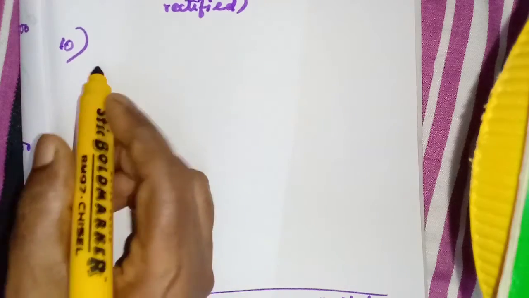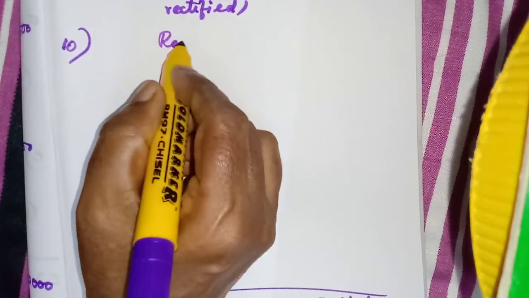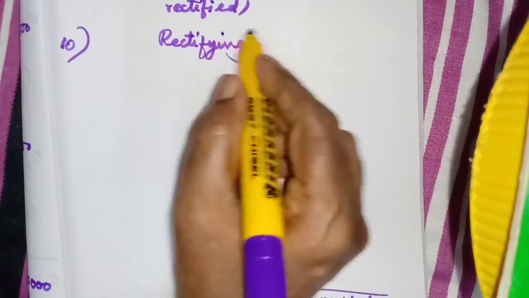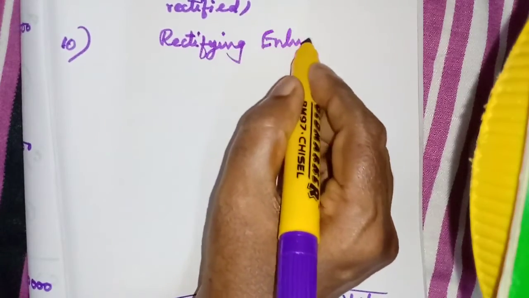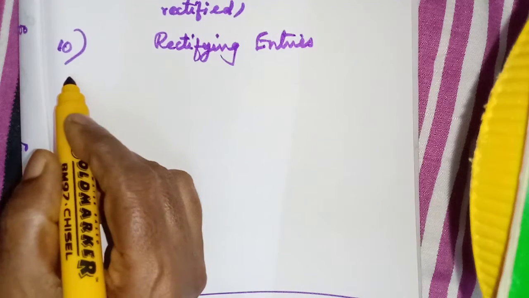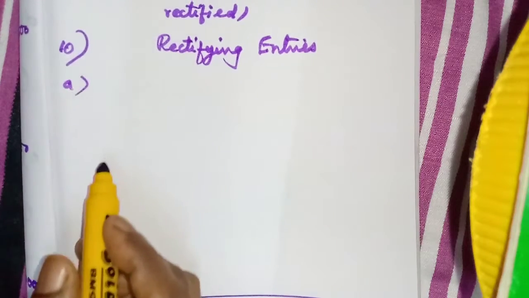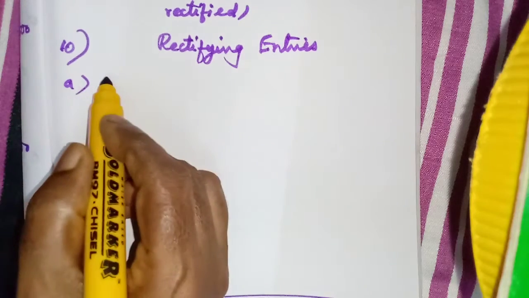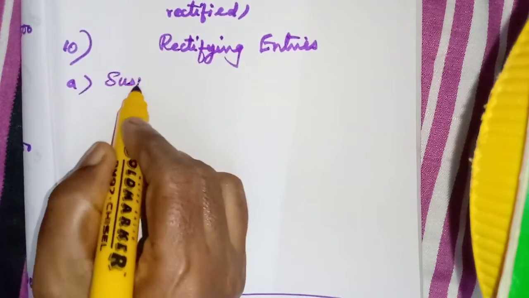A. Totals of sales book was undercast by 350. Here rectifying entries only we need to prepare. So sales book undercast. Sales account shows credit balance. Credit is less, so again we need to credit sales account. What should be debited? Suspense account.